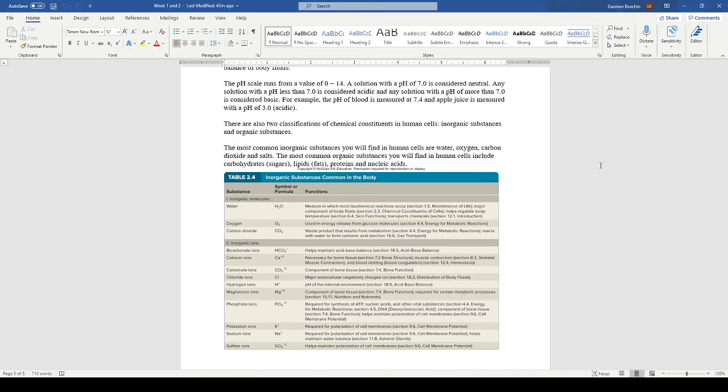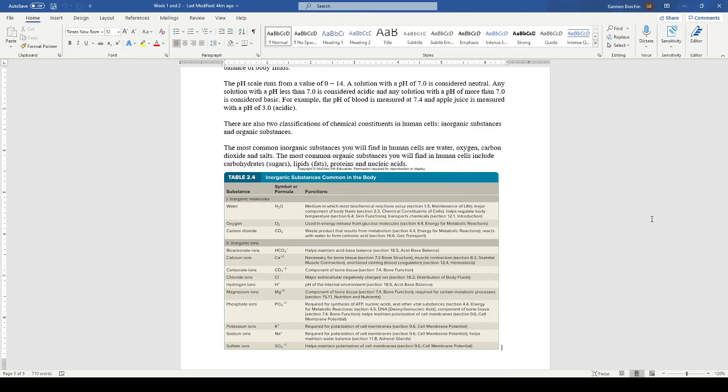Okay, hydrogen ions on their own, H+, which you'll see down in this table here, is a crucial component of maintaining pH, and pH is incredibly important for homeostasis. All right. So generally for pH, 7 is considered neutral. If you're lower than 7, you're acidic. If you're higher than 7, you are basic.